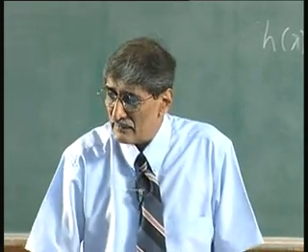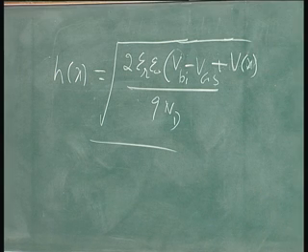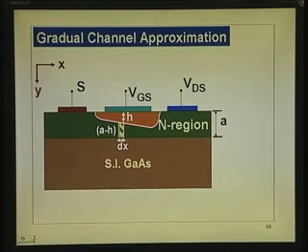Only difference now is, you have got this channel thickness not constant right through, but it is falling. Now, when we write this equation, what is the meaning of that? The meaning of that is, the electric field here in this direction, it is totally in this direction.